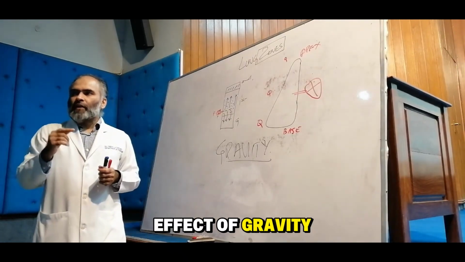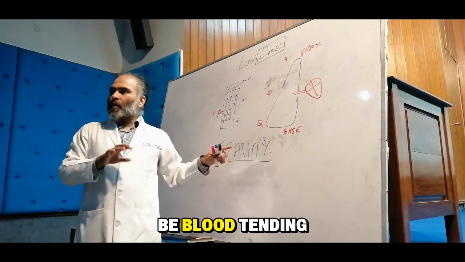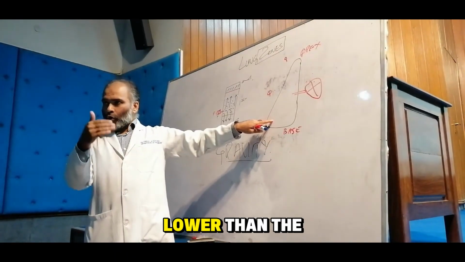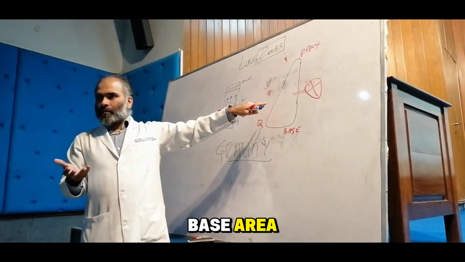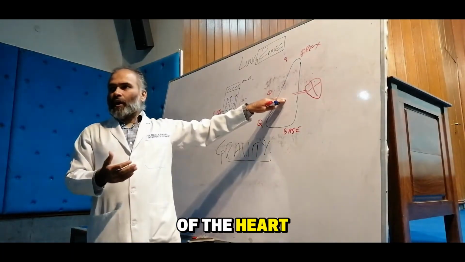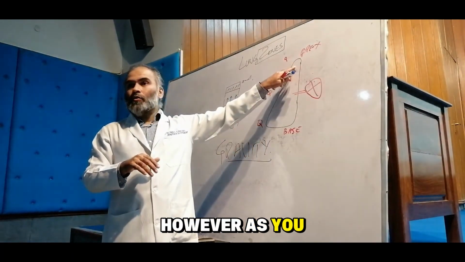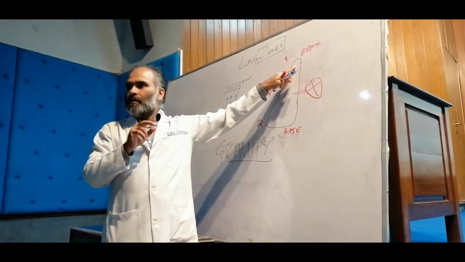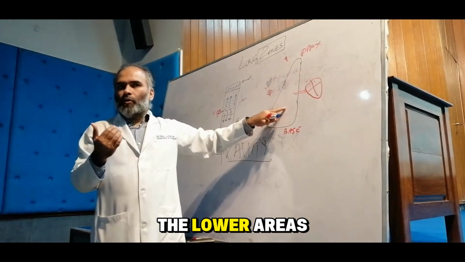Because of gravity in the upright individual, blood will always favor the area lower than the entry of the blood vessels, the base area. At the level of the heart, there will be moderate blood. However, as you climb upstairs, there will be less perfusion as compared to the lower areas.